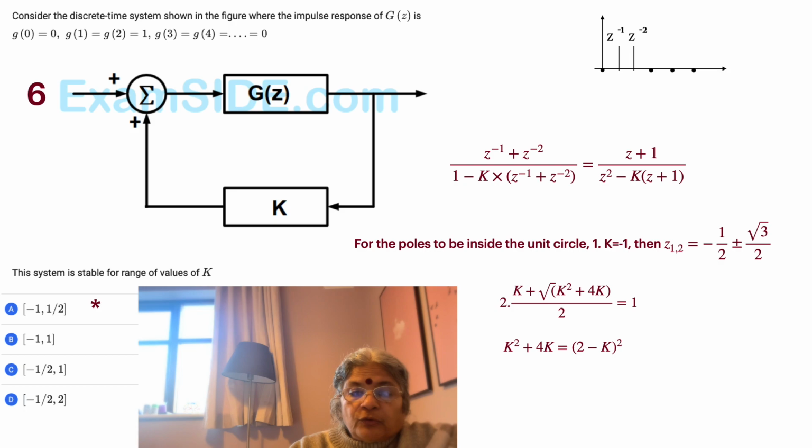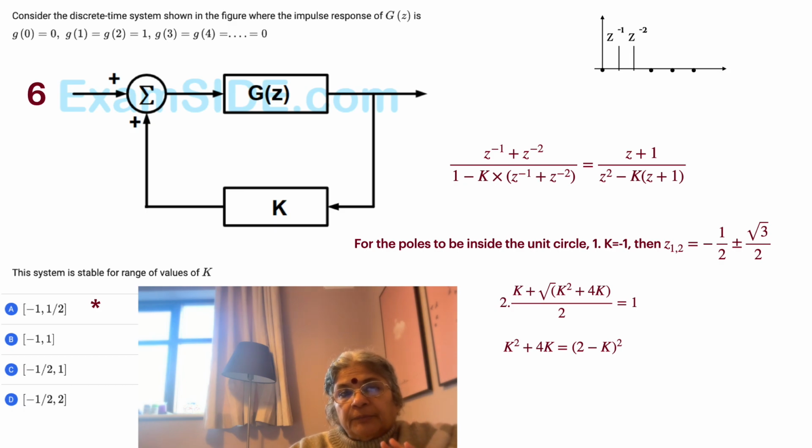For one thing, of course, we can see that you can have a value of K equal to minus 1, one of the limiting values, such that we have z squared plus z plus 1, such that the two complex roots are minus half plus root 3 by 2 j and minus half minus root 3 by 2 j.